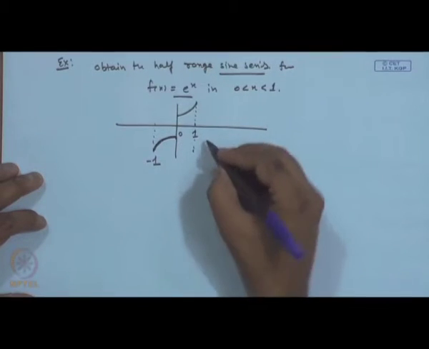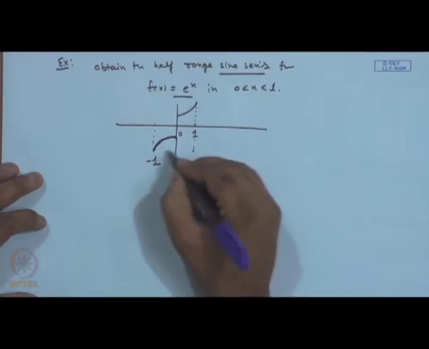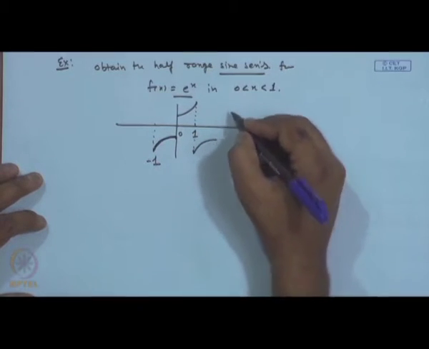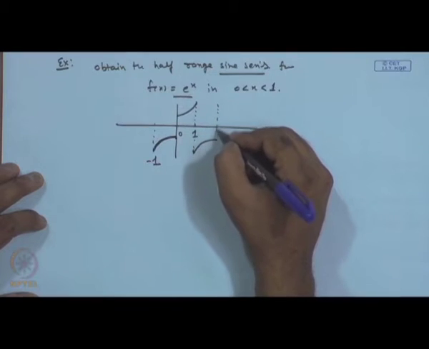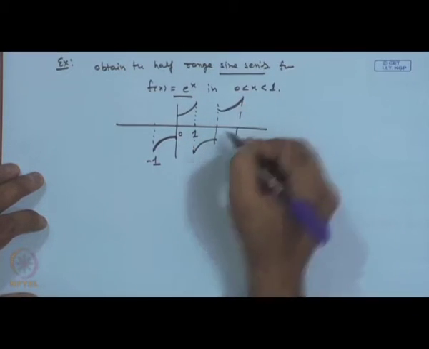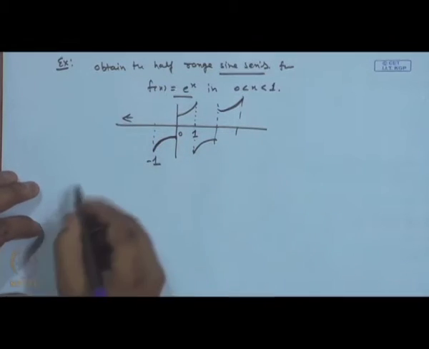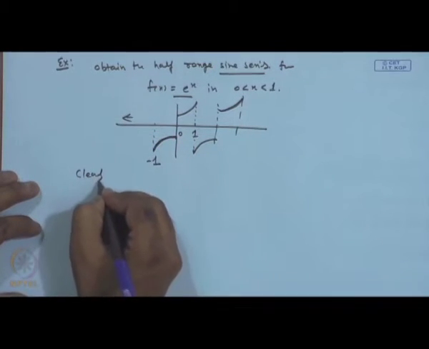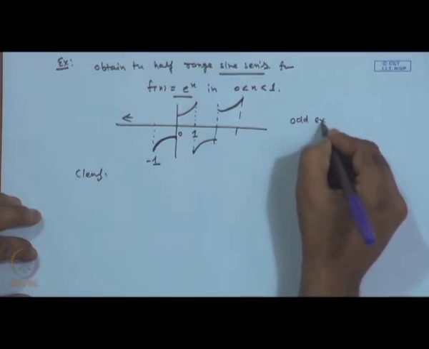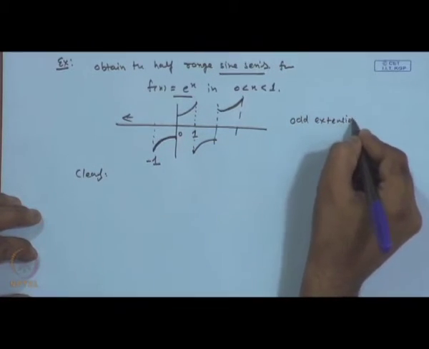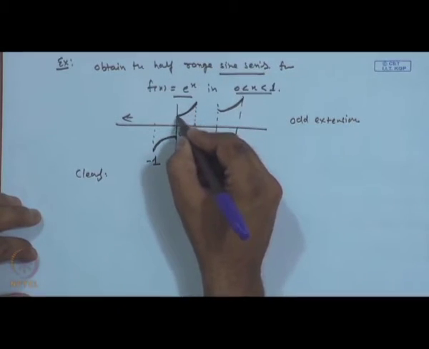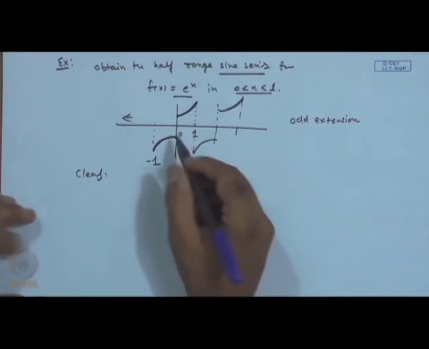and we can then extend this as a periodic function, and also on that side. Clearly in this case, since this is an odd extension of e^x in 0 to 1, that is the given function that we have extended.